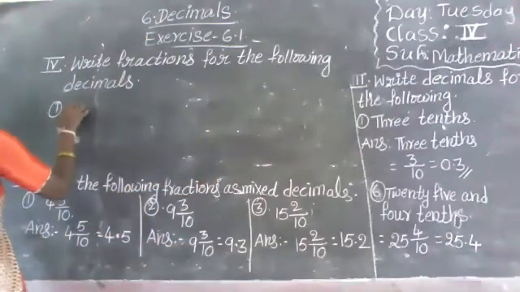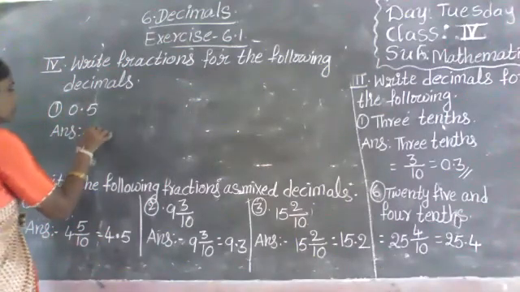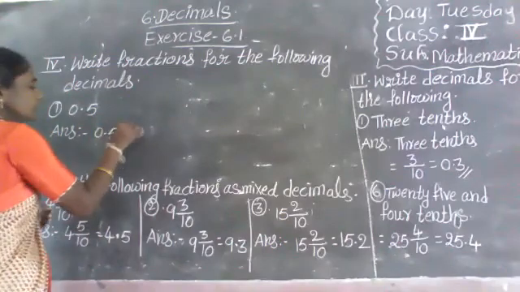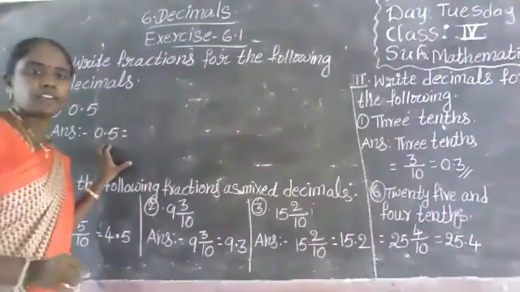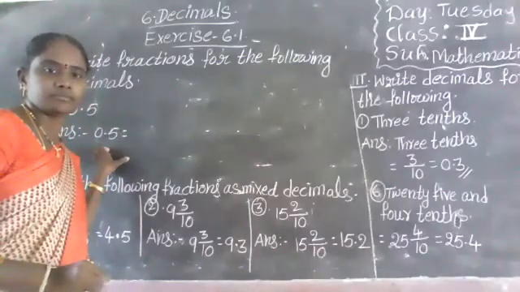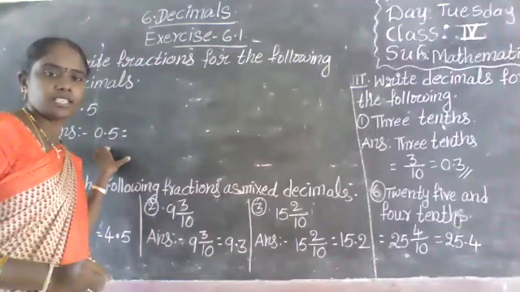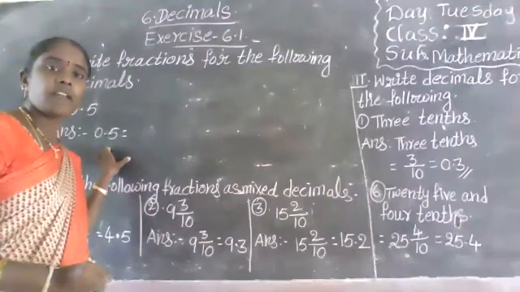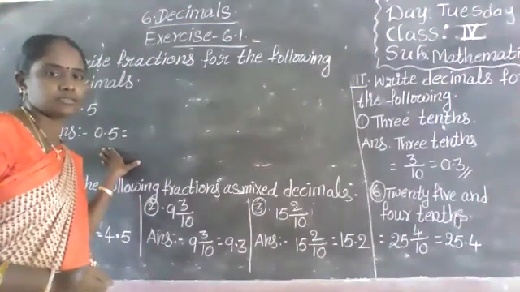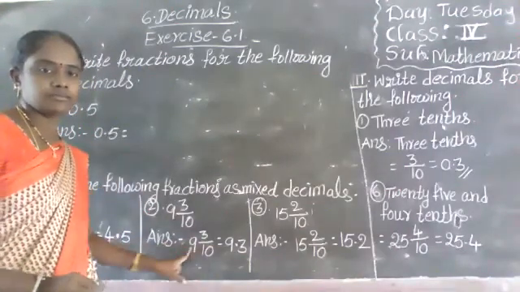First one is 0.5. What is the answer? Write in fraction form. How can we write it as a fraction? Say, children, anyone? Fraction form, like these lines.